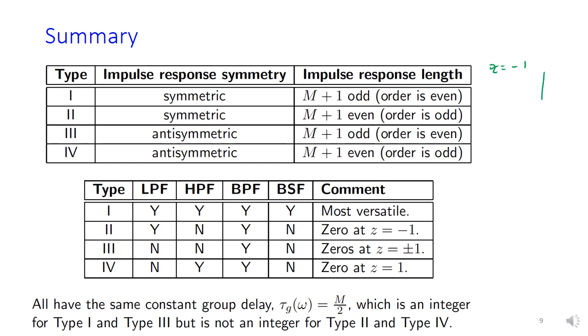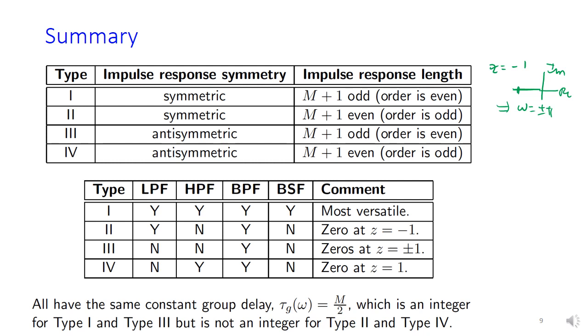That means you are here on the real axis, omega equal to plus or minus pi. So the magnitude at plus or minus pi is going to be 0, correct, because it is having a 0 there at z equal to minus 1.